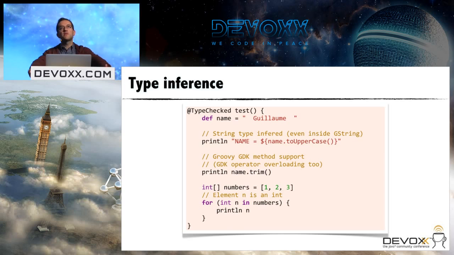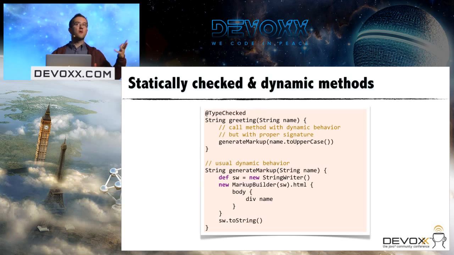The trim method, which is a method from the GDK, the Groovy Development Kit, it understands that as well, so it's not going to complain. And it's able to destructure the values inside the array also. So it knows at every step what's the value of the variable or the thing on which you're working, thanks to type inference.